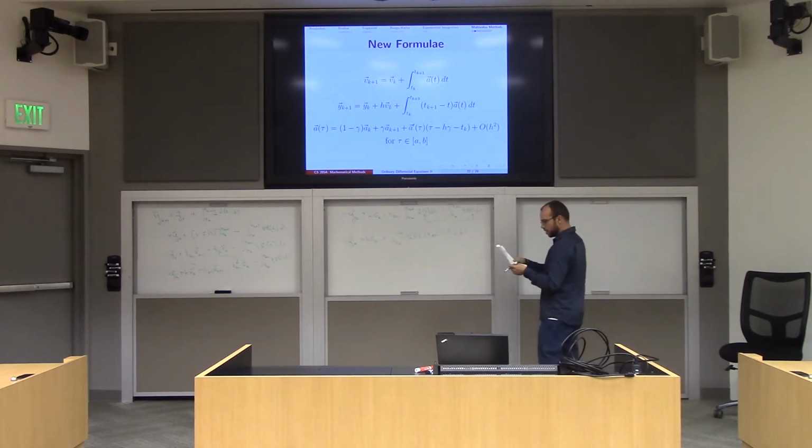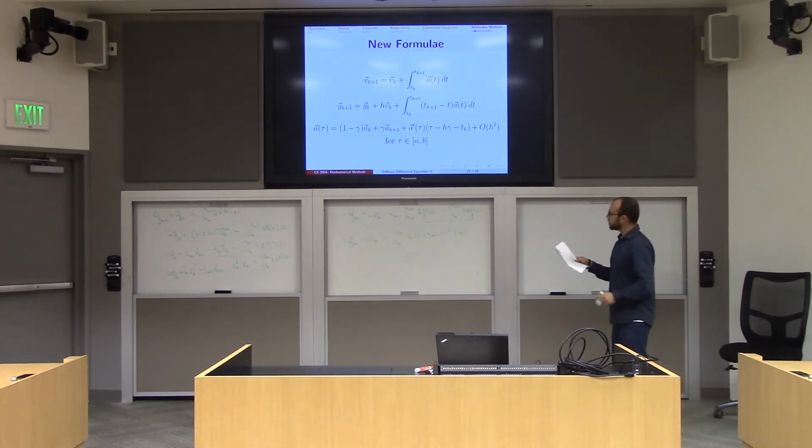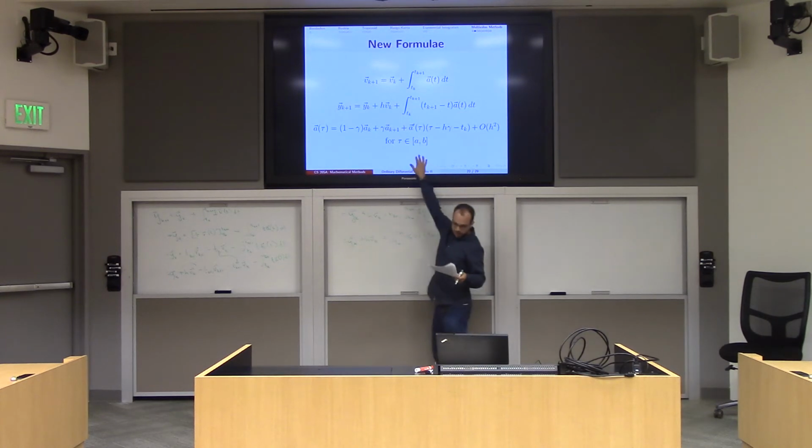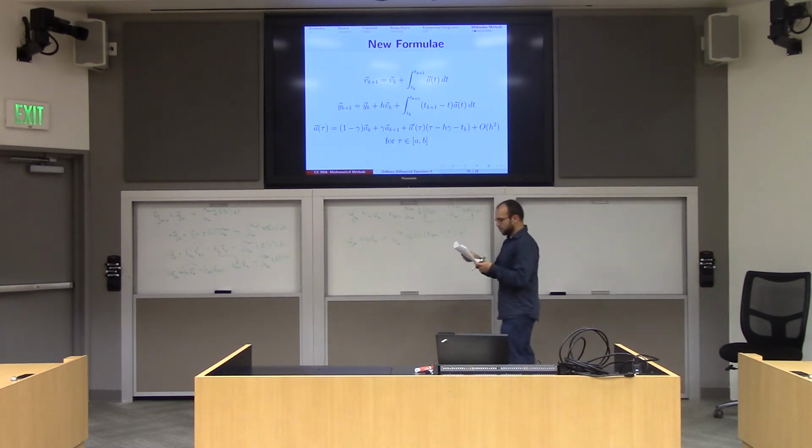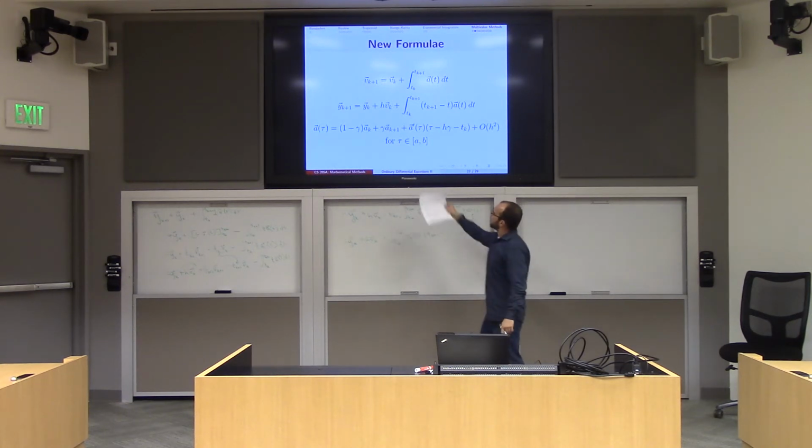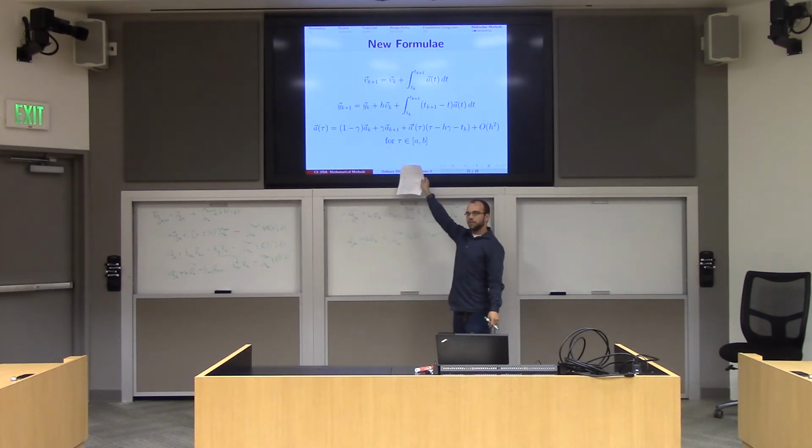So here's what we're going to do, is we're going to say, okay, let's say that I take some tau that's somewhere between A and B, right? And then I can write a Taylor series about tau for my function, and use that to approximate both a at time t_k and a at time t_{k+1}. So let's say that we do that.